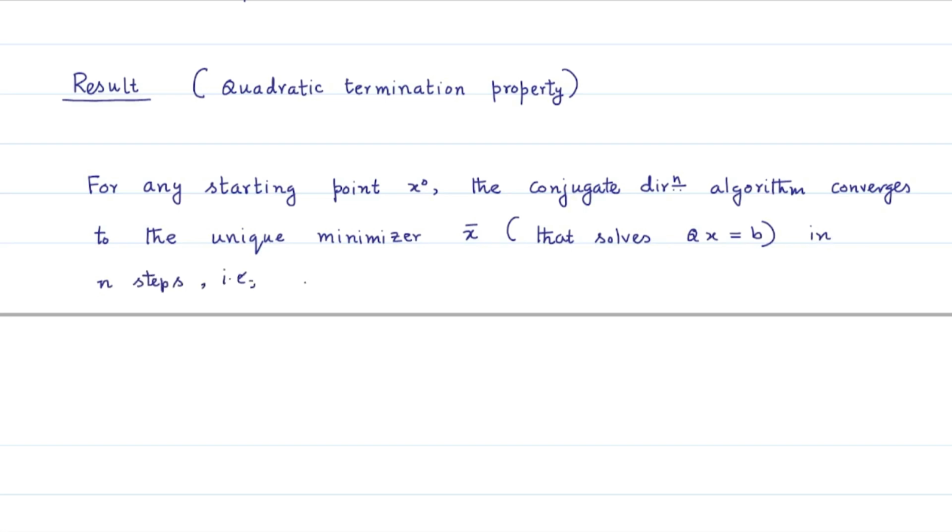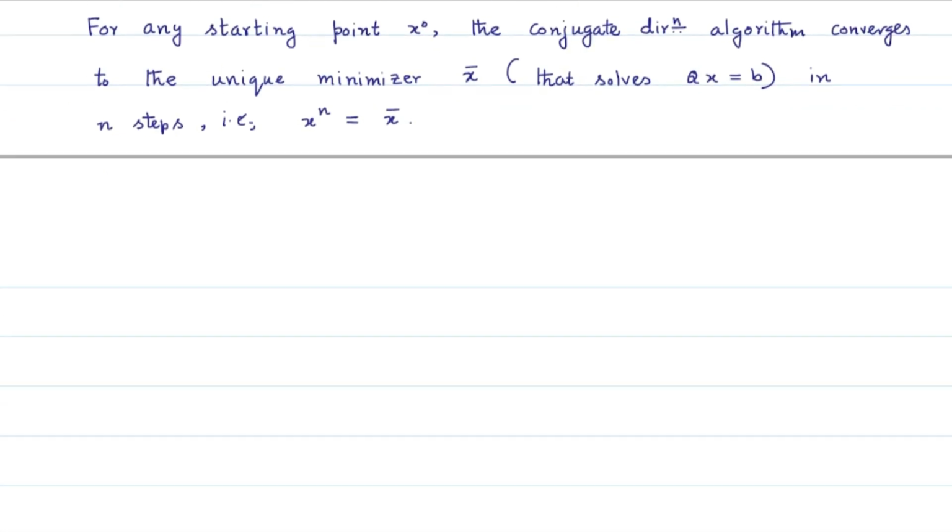That is, the point xn generated by the conjugate direction method is equal to x bar. Let us try to prove this result. The proof of the result is as follows.